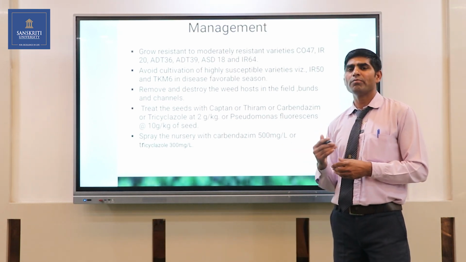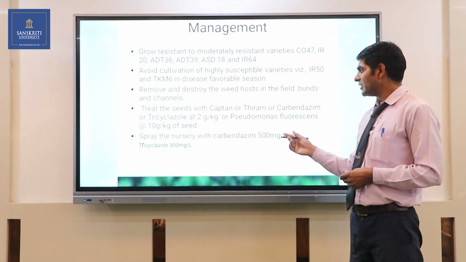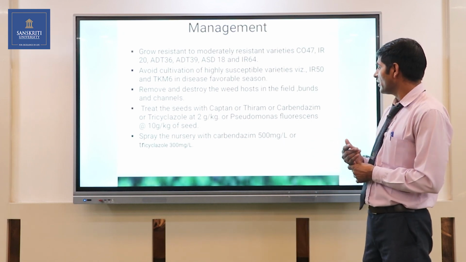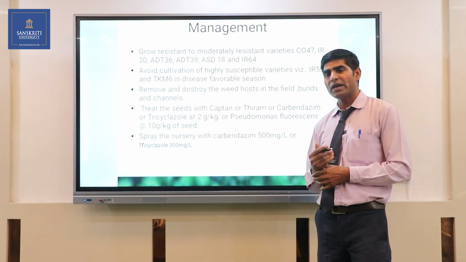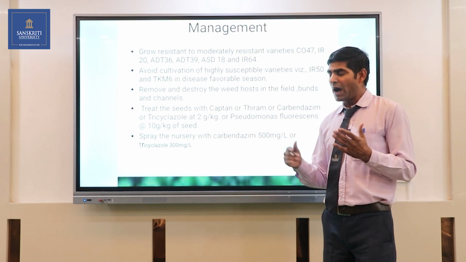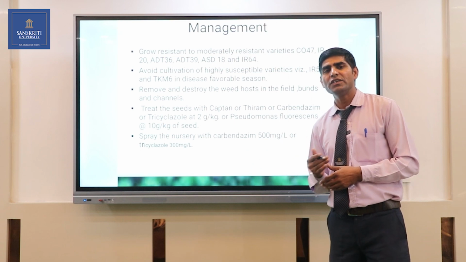This is the most important fungicide to control this Pyricularia disease. The quantity you have to use is 500 milligram per liter, and for Tricyclazole, 300 milligram per liter.